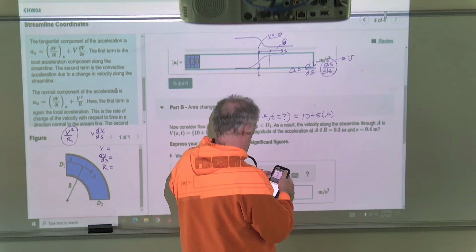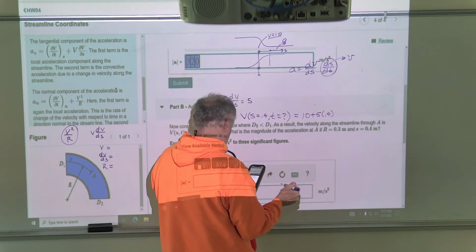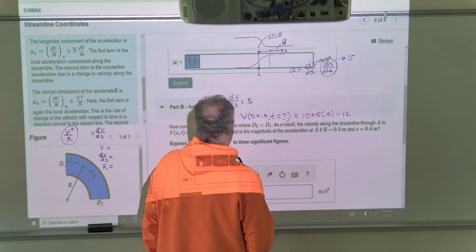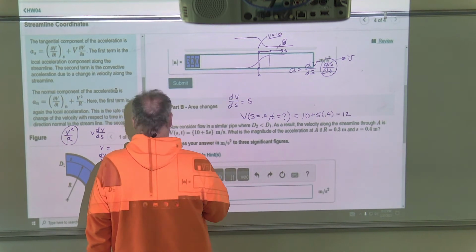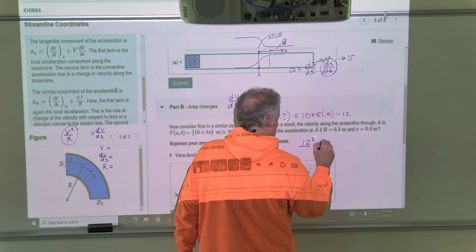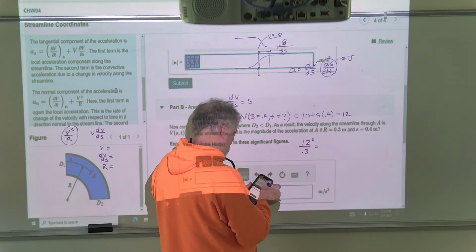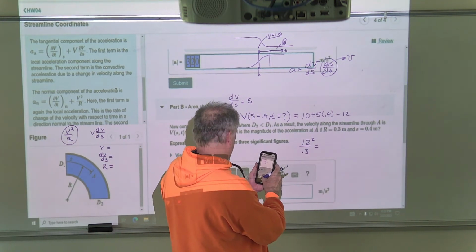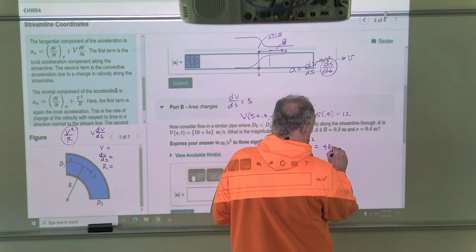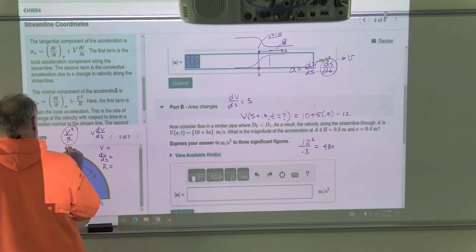I am so not wanting to calculate anything anymore. It's 12. So that's the velocity. So 12 squared over R, still 0.3, is equal to 480. So I get this term being 480.